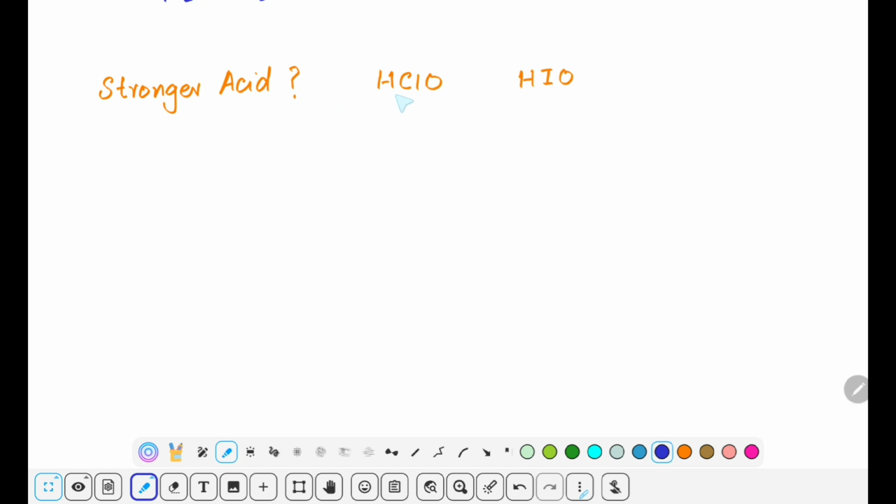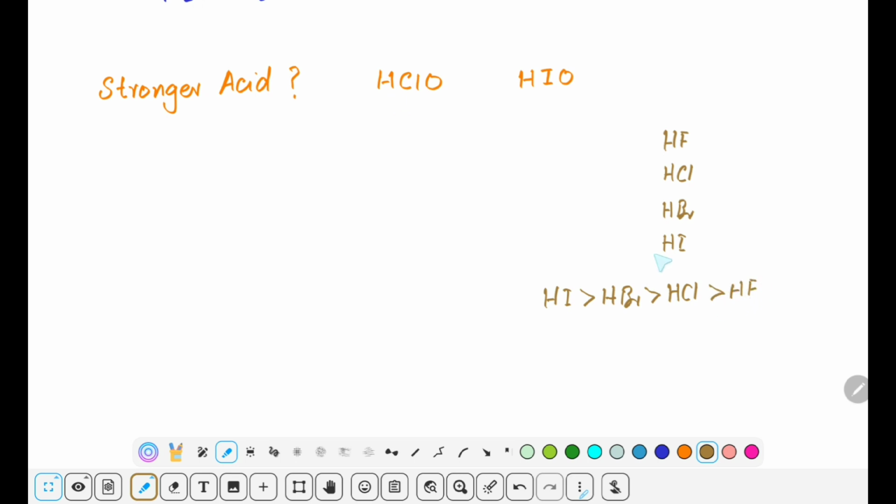Find the stronger acid between HClO and HIO, that is, hypochlorous acid and hypoiodous acid. In the binary acids of the halogen group, HF, HCl, HBr, and HI, we get the strength as HI stronger than HBr, HBr stronger than HCl, and HCl stronger than HF.